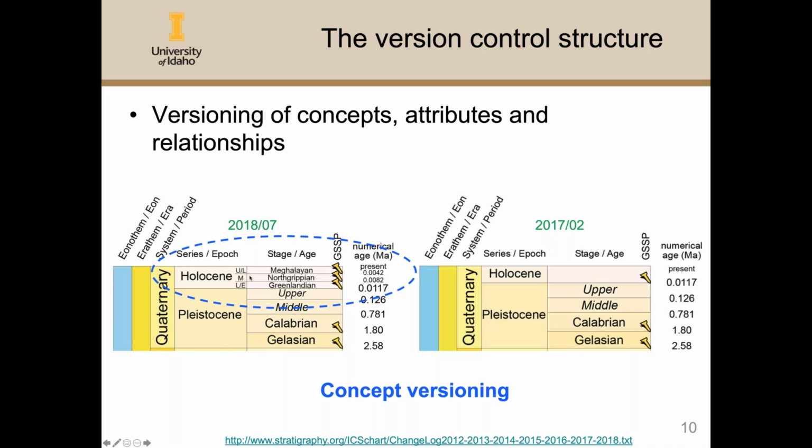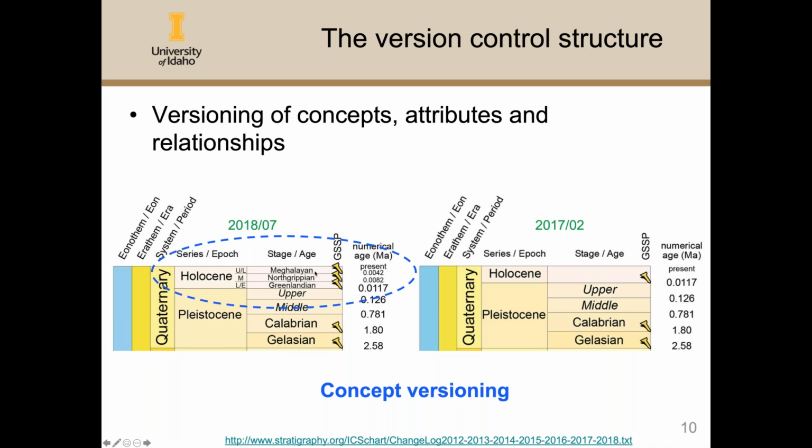So you can see there are 3 new concepts added in Holocene, and each of them has a new name, and also for 2 of them, you can see a new golden spike was added into the chart.